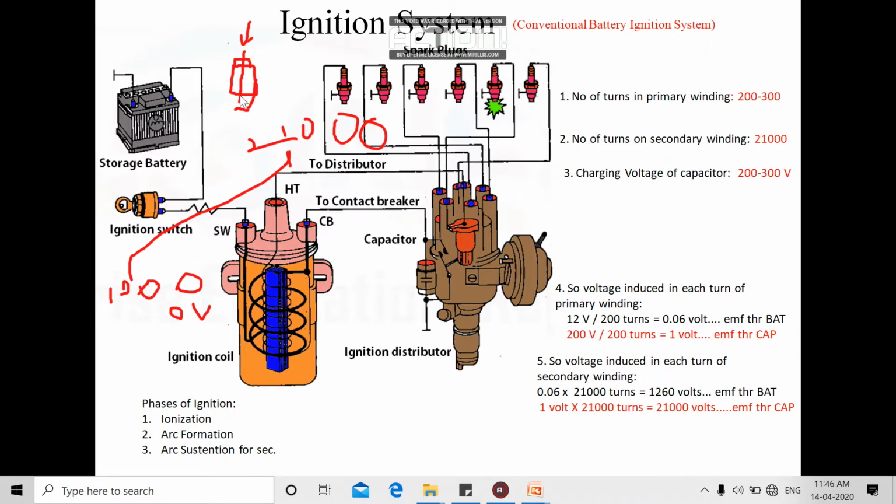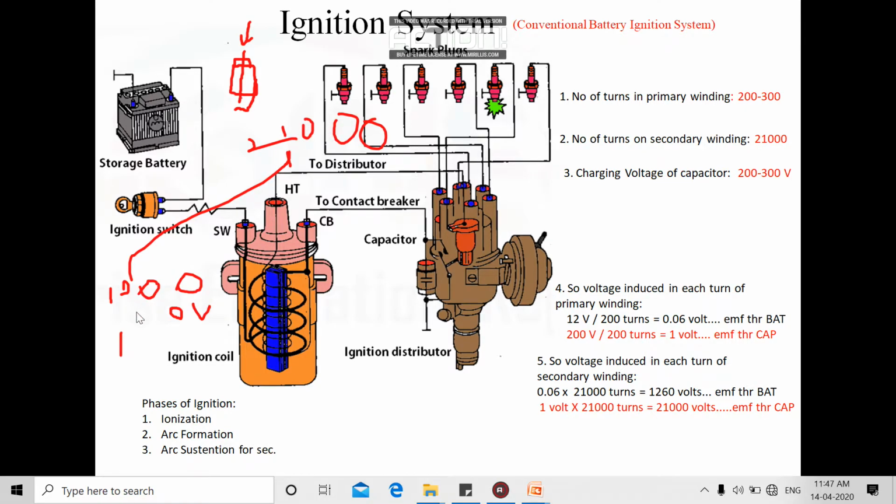As soon as that charge is ionized, those molecules become charge carriers, and they are responsible for giving a path for the remaining charge of 11,000 volts to jump.